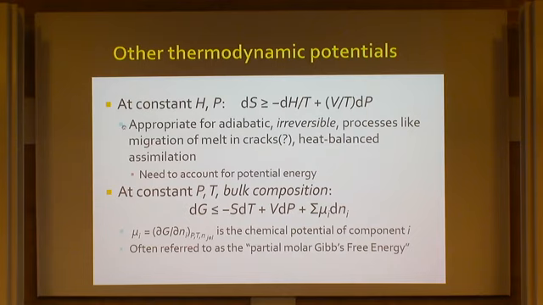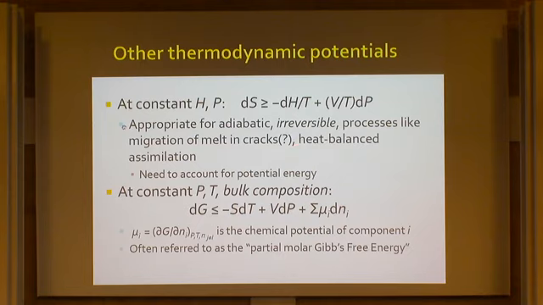For an isenthalpic process, that's an adiabatic irreversible process, which might be suitable for migration of melting cracks and heat balance assimilation, like if you assimilate wall rocks, then you actually maximize entropy.